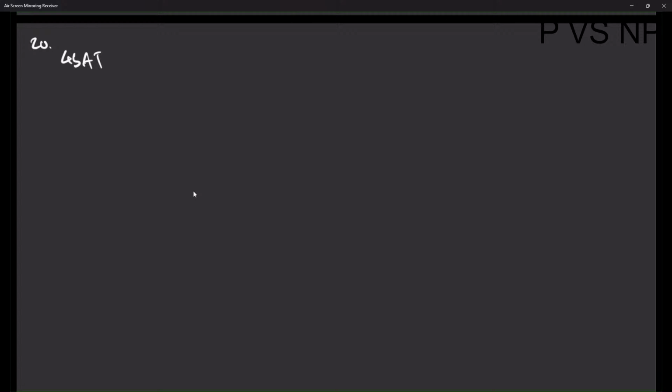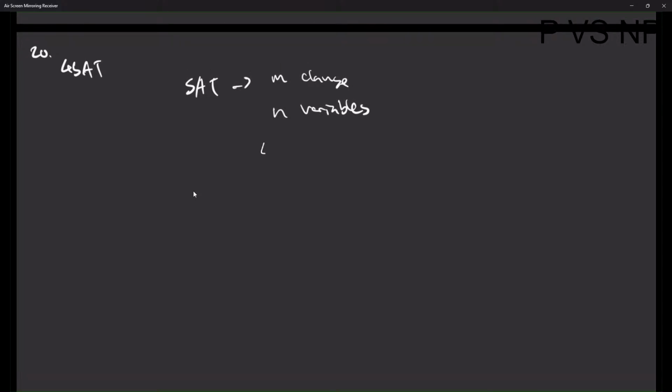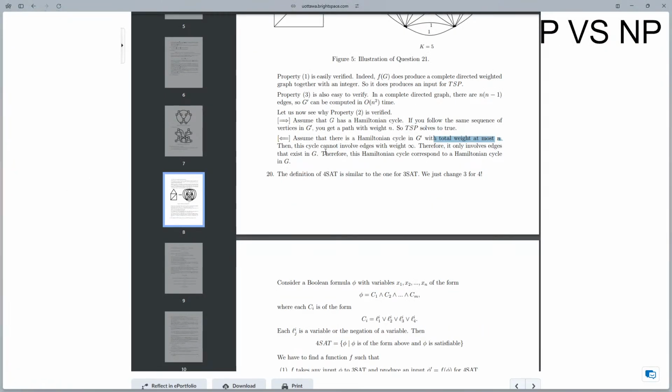If we remember, SAT or any sort of SAT has m clauses and n variables, except 4-SAT. And then we have k-SAT. It should be k clauses and k variables, I'm pretty sure. Just change 3 for 4.